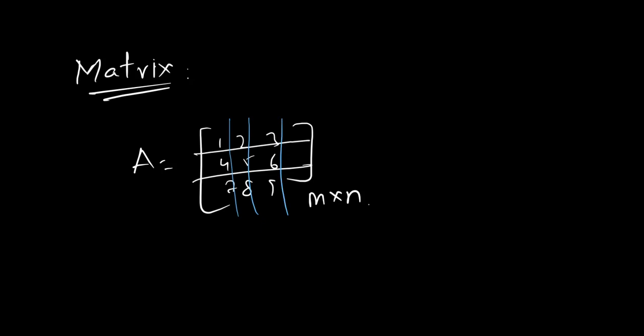I change the color so you can understand it. So m rows and n columns. This is called a matrix of order m by n. Okay, so let us go with the square matrix.